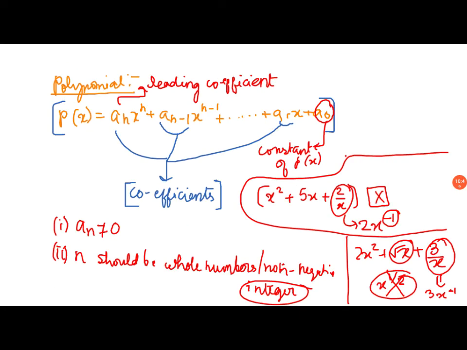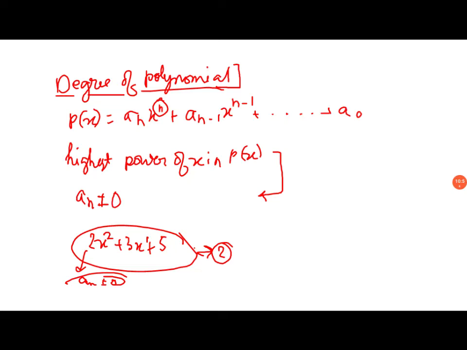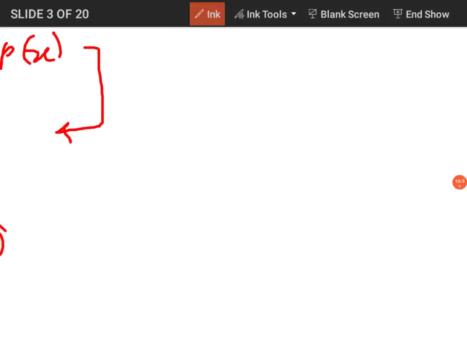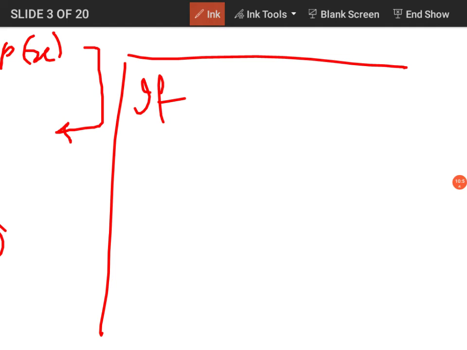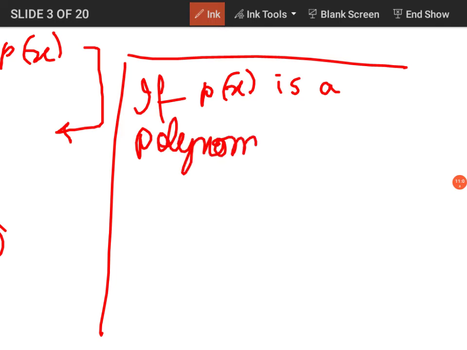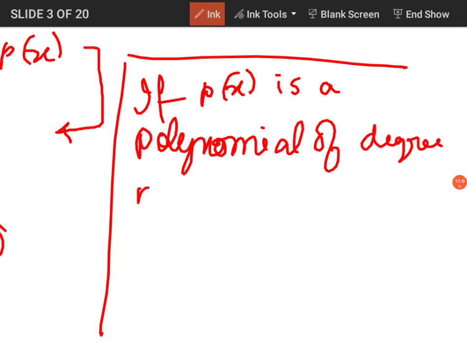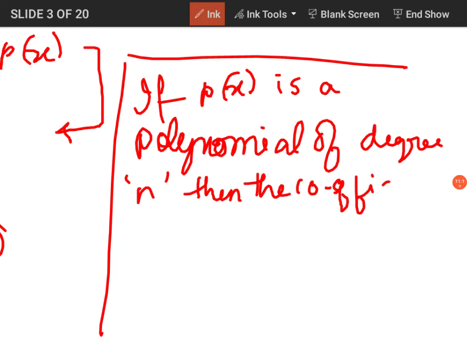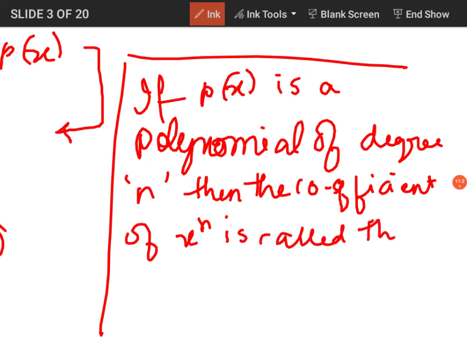If you want to write a definition, I will write it for you. If p of x is a polynomial of degree n, then the coefficient of x n is called the leading coefficient.